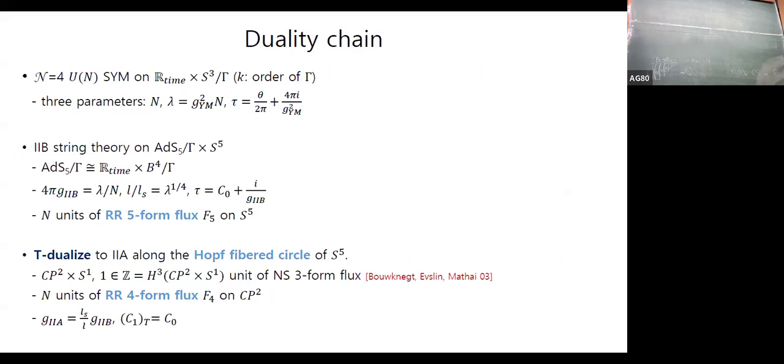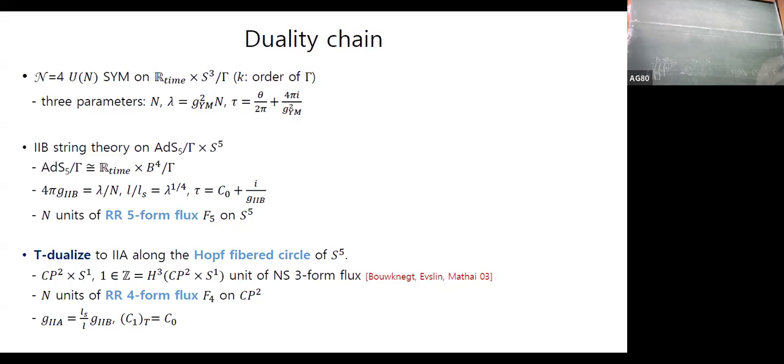Maybe too much abstraction. So let me now explain the origin of this duality between super-Yang-Mills and Chern-Simons theory using the AdS/CFT correspondence. We start with N=4 U(N) super Yang-Mills on S3 mod Gamma. We have three parameters: N, the orbifold, and the complexified gauge coupling. On the dual bulk side, we have type IIB string theory on AdS5 mod Gamma times S5.